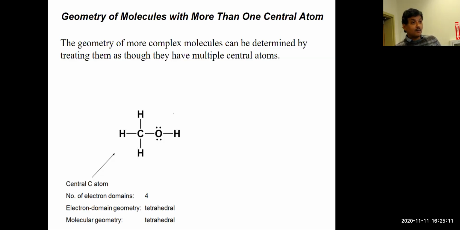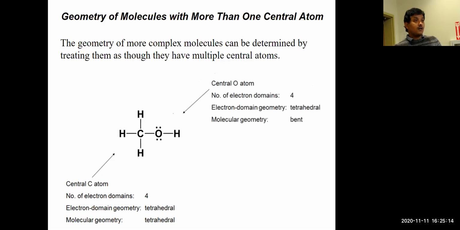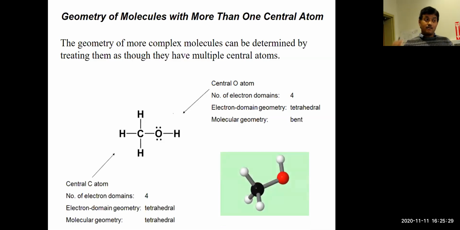For the oxygen central atom, it also has 4 electron domains, so the electron domain geometry is tetrahedral, but the molecular geometry is bent because it has 2 lone pairs.